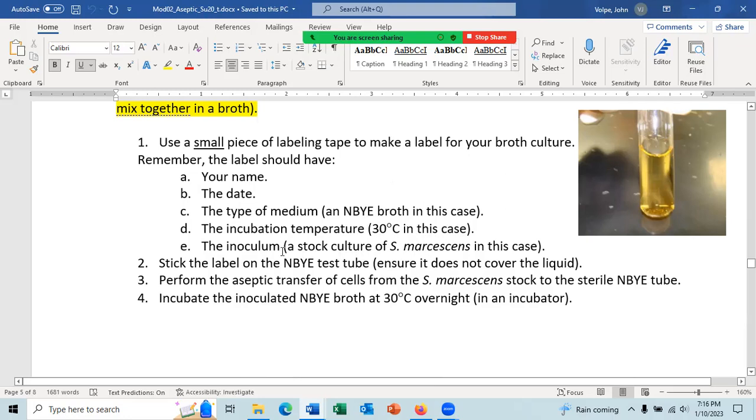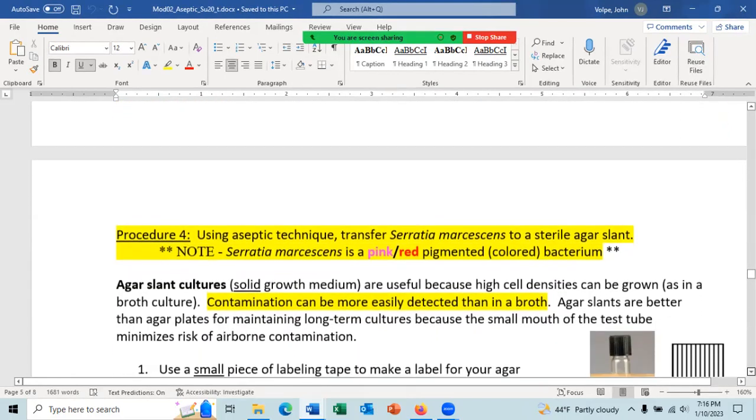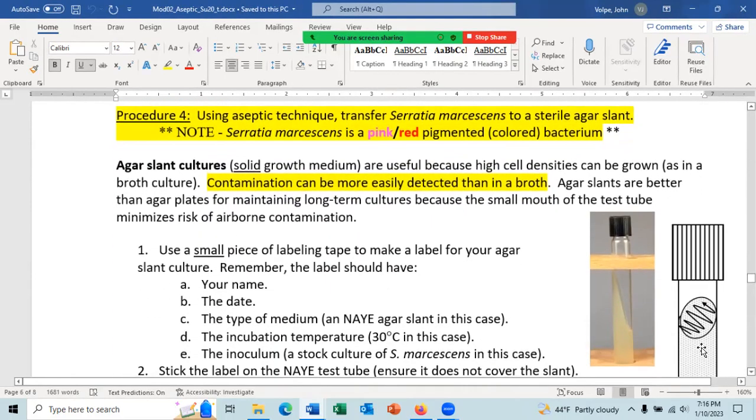So you have to have the inoculum, the type of medium, the date, and your name. And then the temperature it's grown at is optional. And then we're going to put it in the incubator overnight at 30 degrees Celsius.